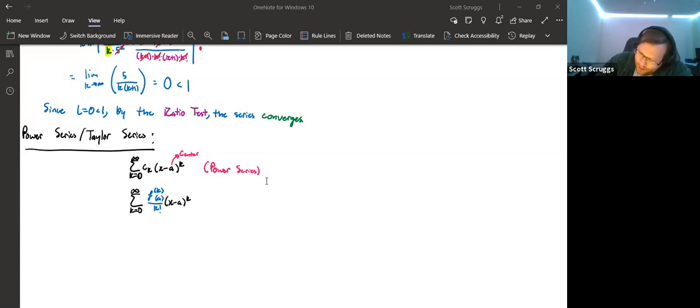So Taylor series. If I say power series, I'm referring in general to a series where I have x minus a raised to the k power. If I'm referring to a Taylor series, my c_k will be what I got from a Taylor polynomial.